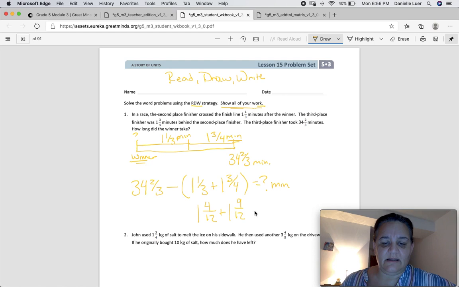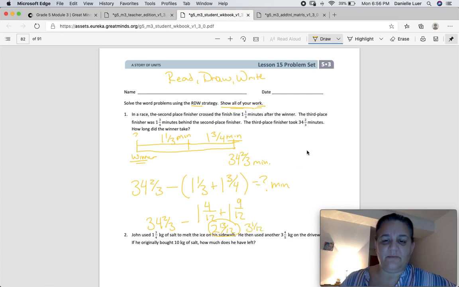And then that all together is going to be 1 and 1 is 2, 9, 10, 11, 12, 13 twelfths. And 34 2/3 minus 2 13/12. Now, do you see this? It's got that improper fraction in it, so let's go ahead and change that right away.